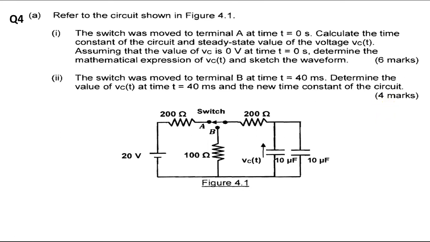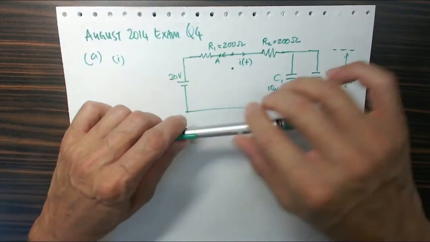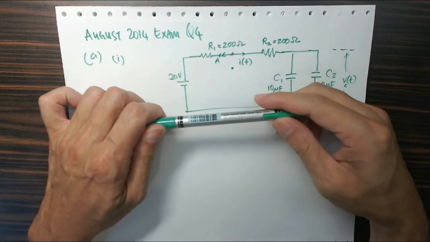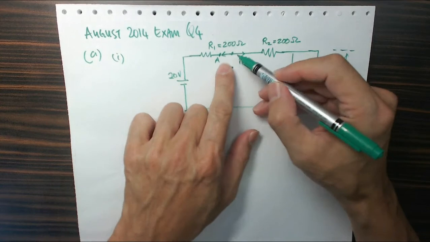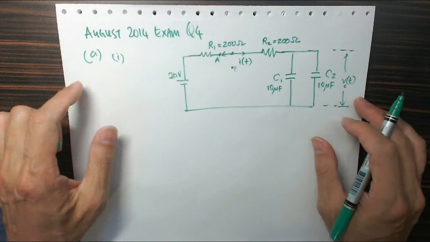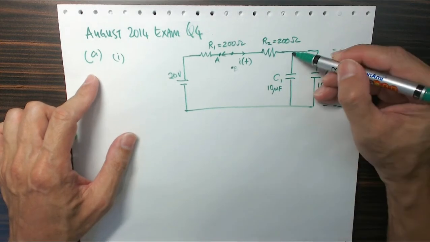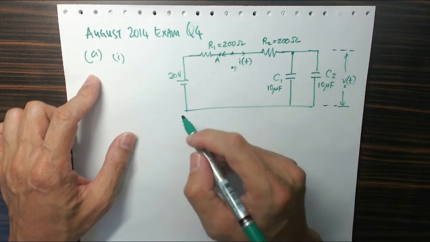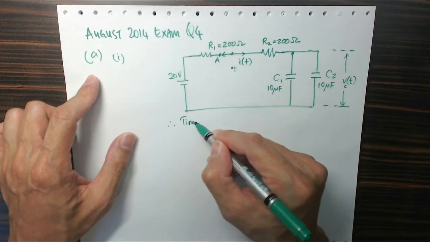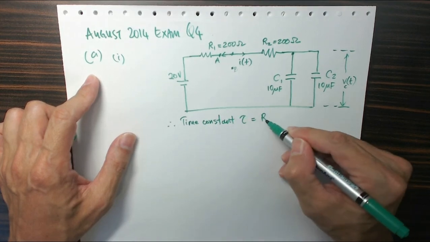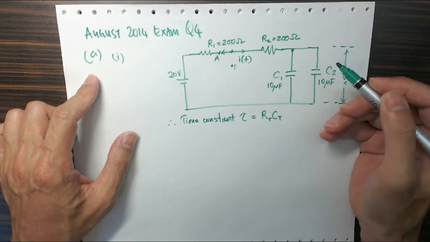Now let's see how we can solve this problem. Let's look at the circuit when the terminal was switched over to A. The circuit is reduced to two resistors connected in series with two capacitors in parallel. Therefore, the time constant tau is R total times C total.